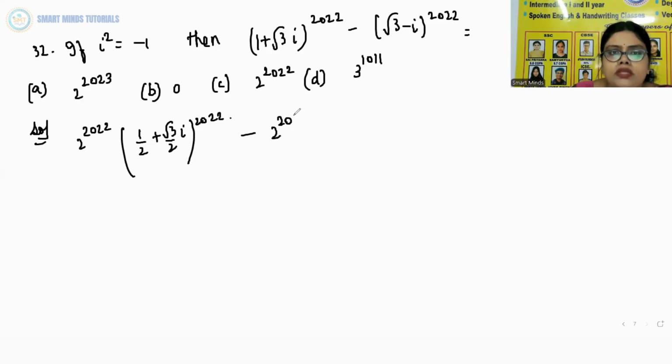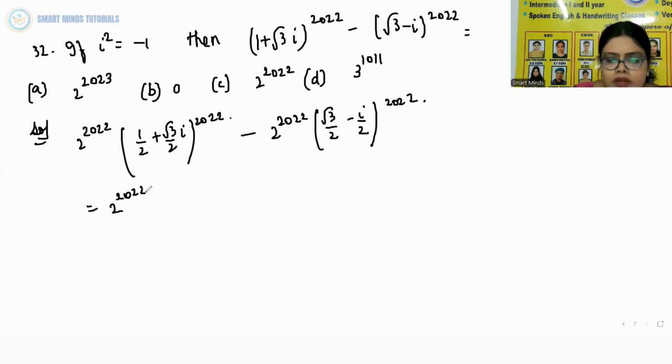Minus 2 power 2022 into, again if I convert this root 3 minus i into modulus amplitude form, we will get (root 3 by 2 minus i by 2) whole power 2022. Now if we solve this, 2 power 2022 into e power i into pi by 3 into 2022, minus 2 power 2022 into e power i into minus pi by 6 into 2022.